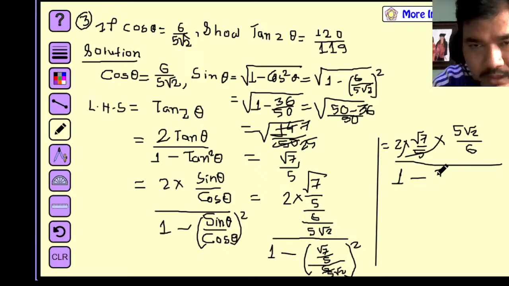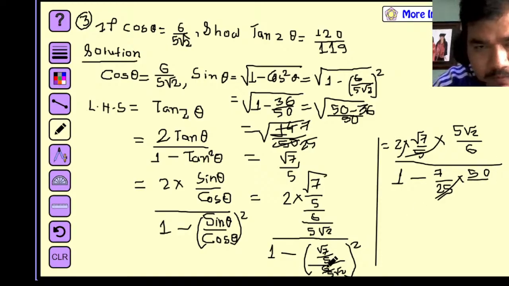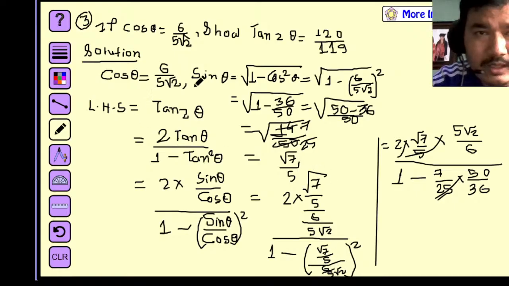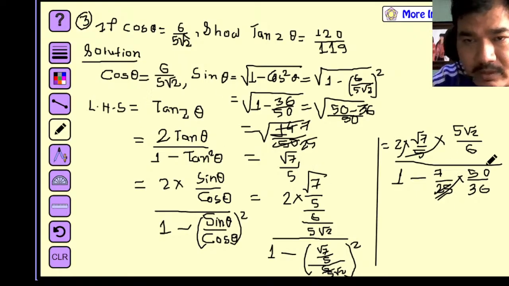Look here, this root cancels, this will be 7 by 25. 5 square means 25, 25 twos are 50, this will be 50 goes up and down it comes here. 6 square means 36. Now we can cancel this 25: 25 1 the 25, 25 2 the 50, and we can write 2, 1 the 2, 2 18 the 36.